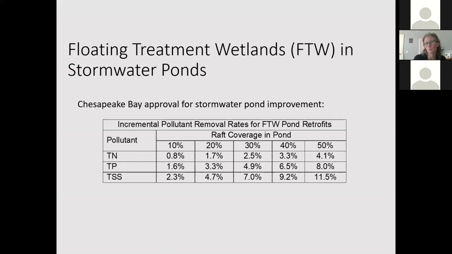This was based on not a lot, but a few field studies. So we set out to see, even though we started this afterwards, does this actually play out? Can we get those kinds of removals here?